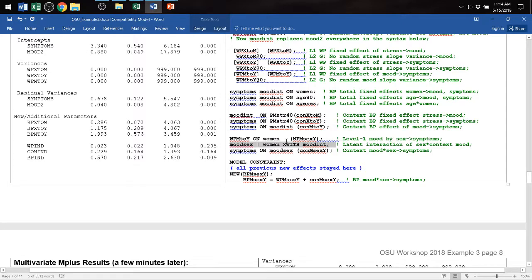Xwidth defines a latent variable interaction. So even though women is an observed predictor, because mood int is a random intercept variance, it's considered latent, so their interaction is latent. And this is the thing that regular mood couldn't do, but by renaming it as mood int, Mplus is fine with it. And I then take that mood sex new interaction term that I've created and make it a predictor of symptoms.